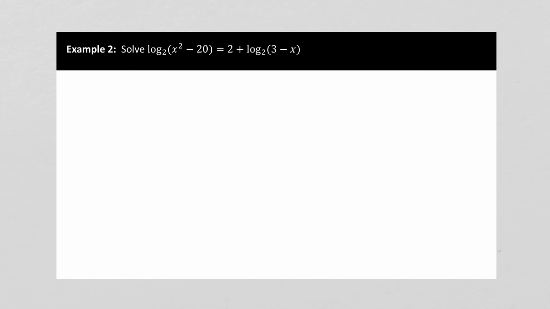And let's look at one more example here. For this one, we can't just set things equal like we did in the previous problem. So I think the easiest thing to do here would be to get the logs on one side.